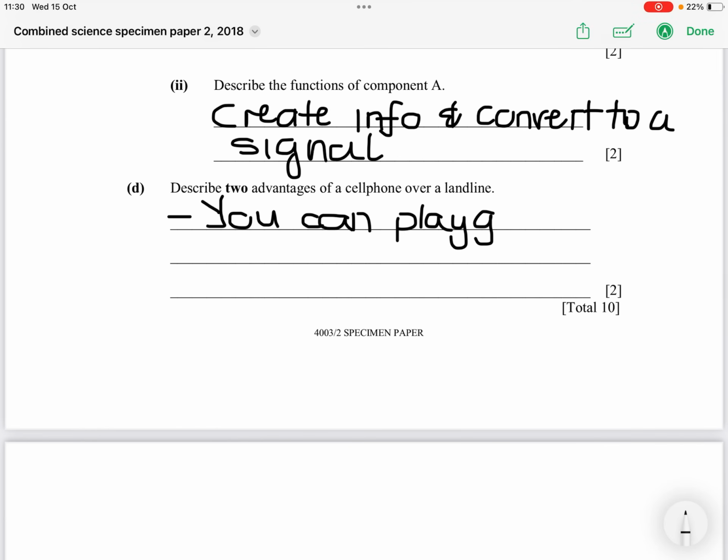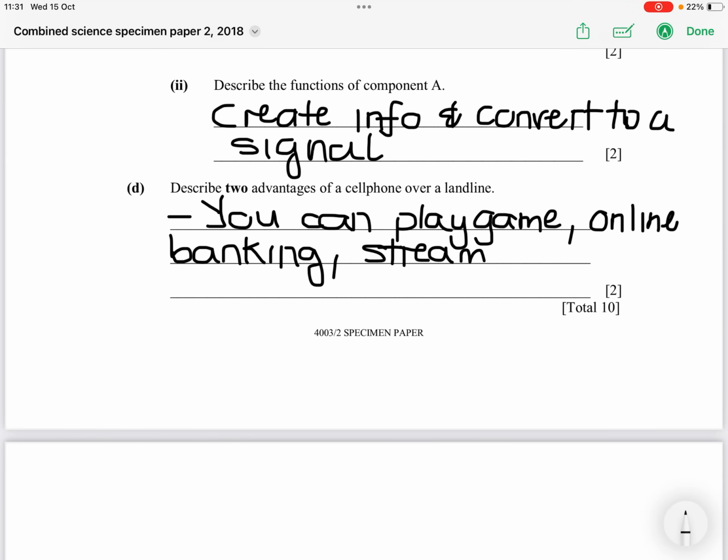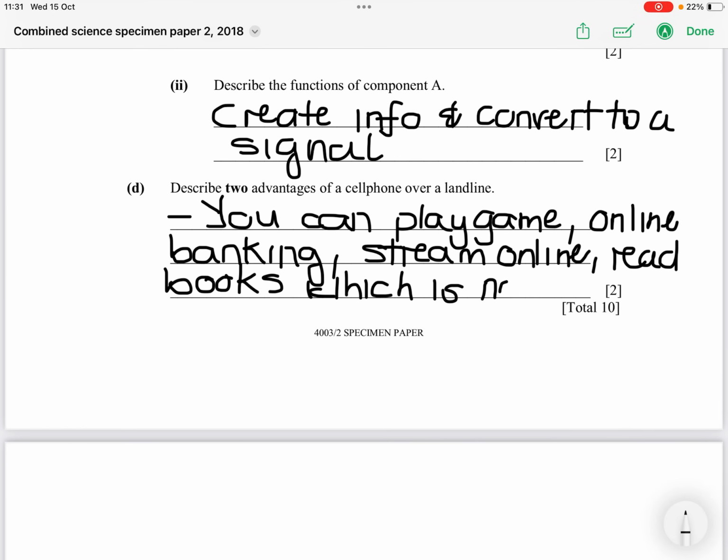You can play games, you can do online banking, you can stream online, you can read books, which is not possible using the landline.